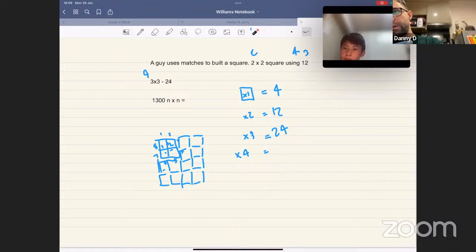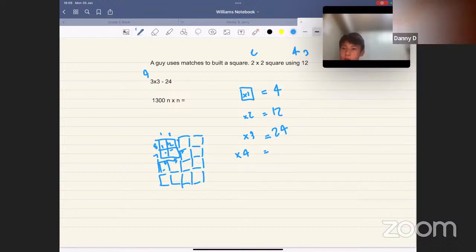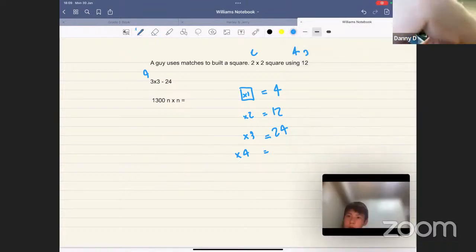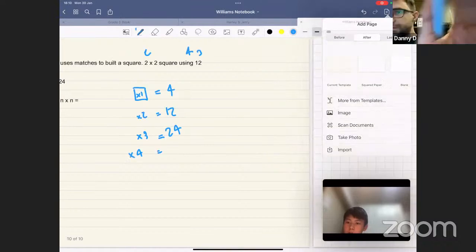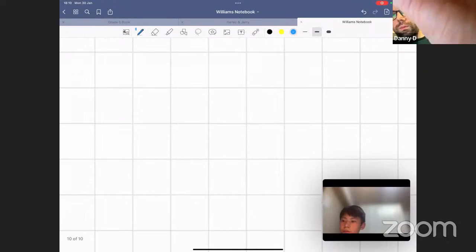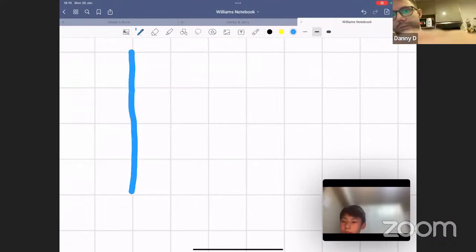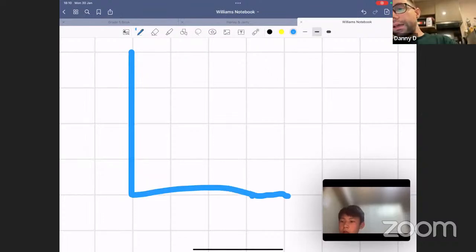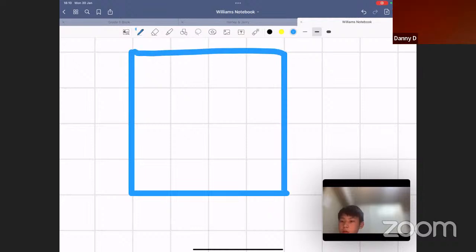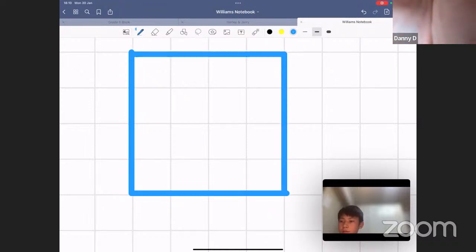Does it not work? If you did a 4 by 4 right now, 1, 2, 3, 4, 8, 12, 16, and then you've got 1, 2, 3, 4.